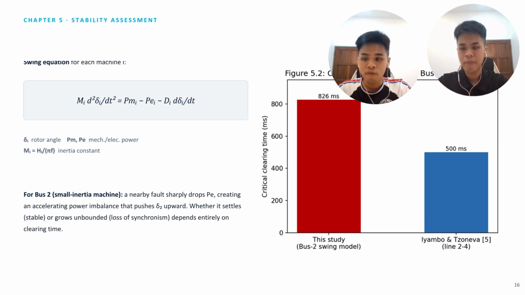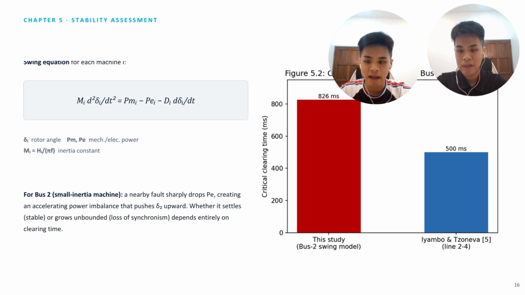Okay, so now the dynamic question: does the system actually recover after the fault is cleared? This is governed by the swing equation, which describes how each generator's rotor angle changes over time based on the imbalance between mechanical and electrical power.